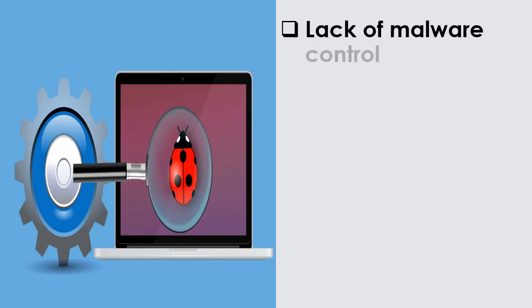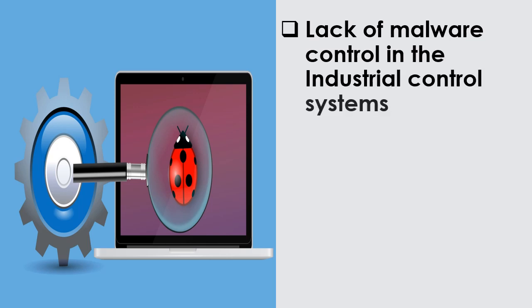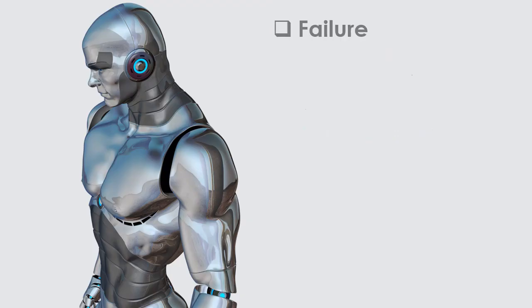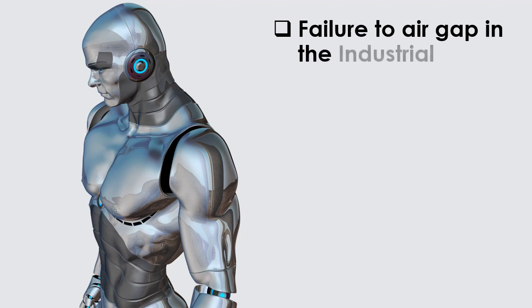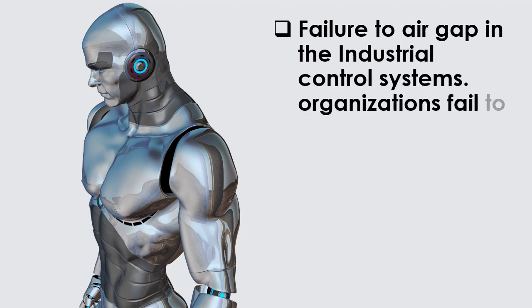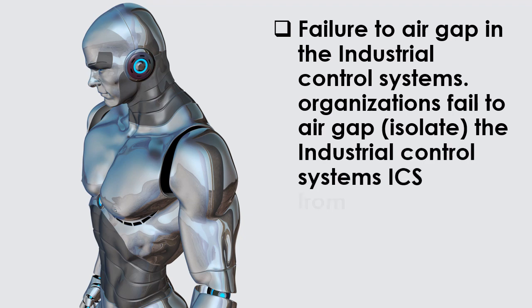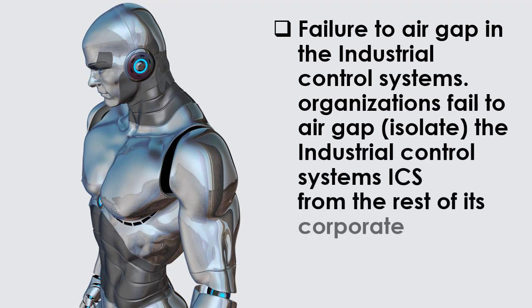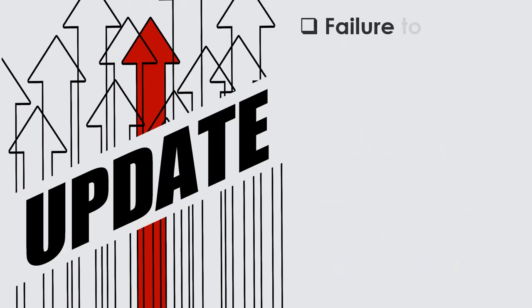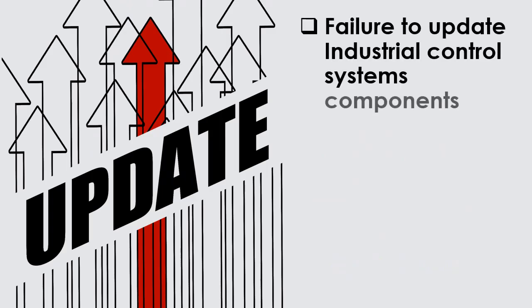Lack of malware control in the industrial control systems. Failure to air gap in the industrial control systems. Organizations fail to air gap, isolate, the industrial control systems, ICS, from the rest of its corporate network. Failure to update industrial control systems components.